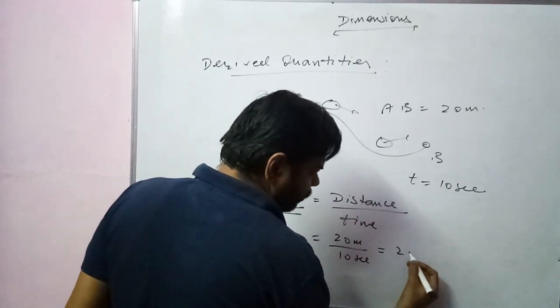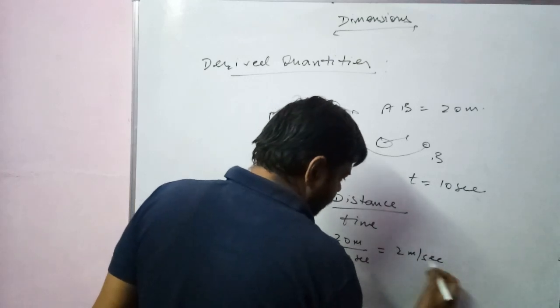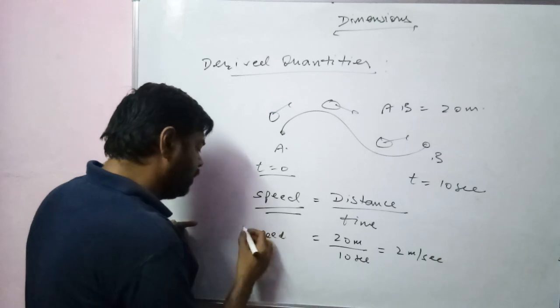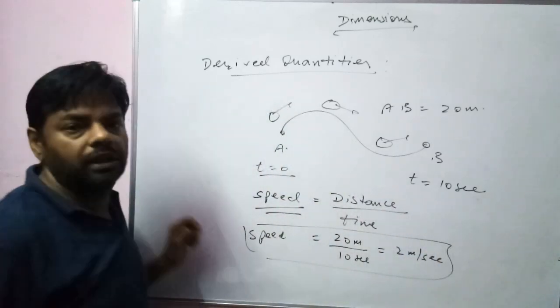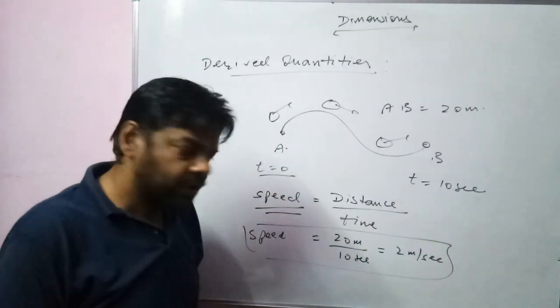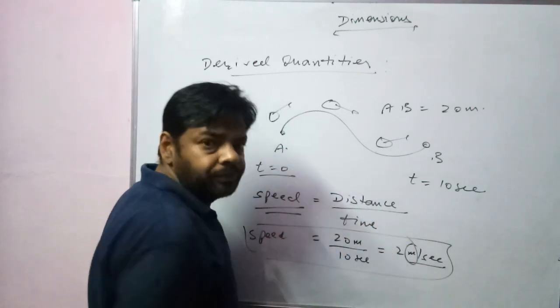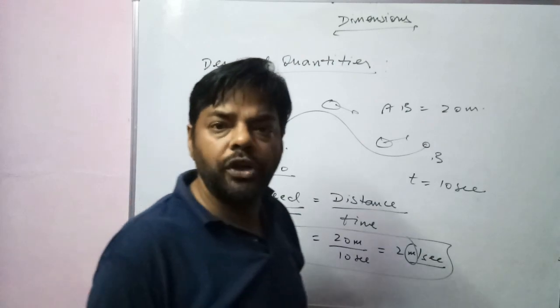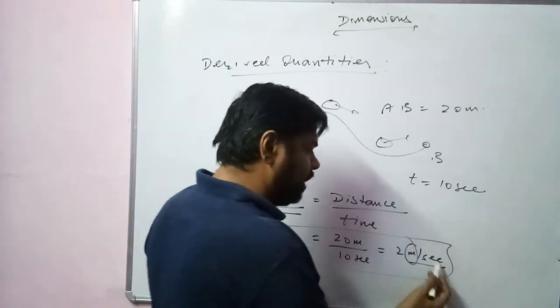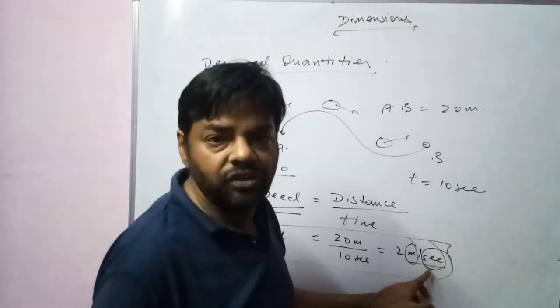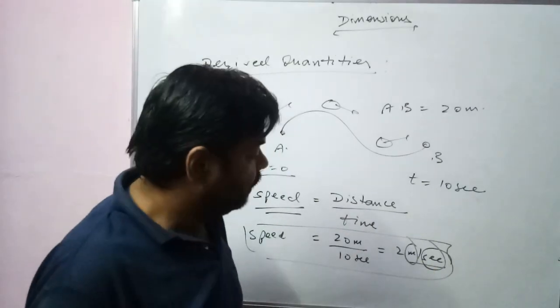So it gives us 2 meters per second. So the speed of the body comes out to be 2 meters per second. Clear? Now look at this unit. What is meter? Meter is nothing but the unit of length. What is the second? The second is the unit of time.